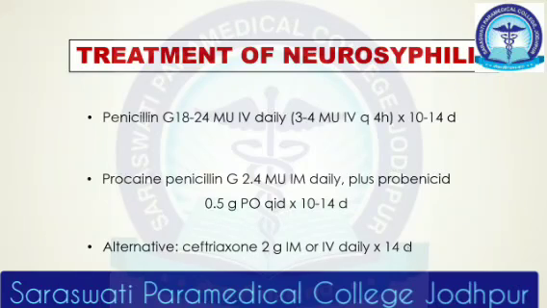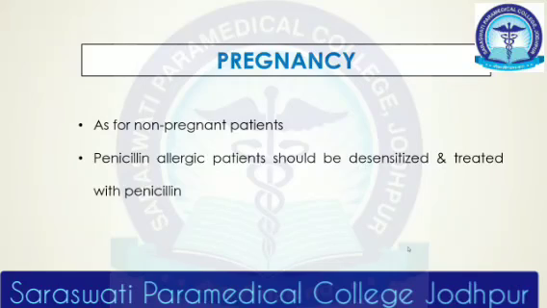Pregnant patients with neurosyphilis should be treated as for non-pregnant patients. Let's assume, for example, they are allergic to penicillin. They still need to take high dose IV penicillin and they can't take doxycycline.